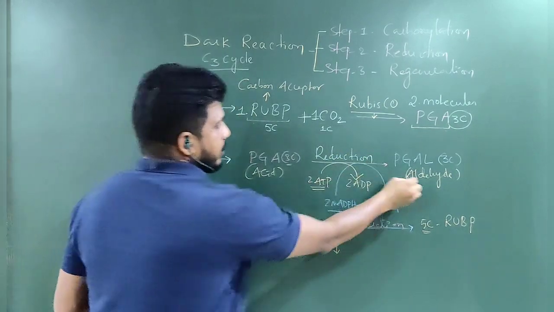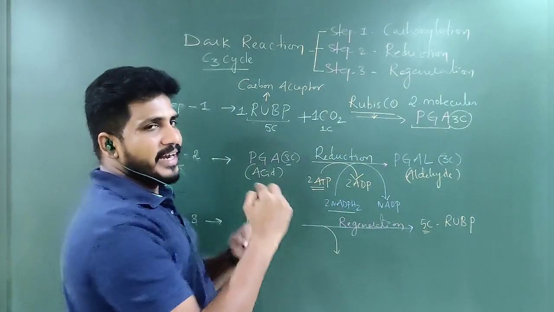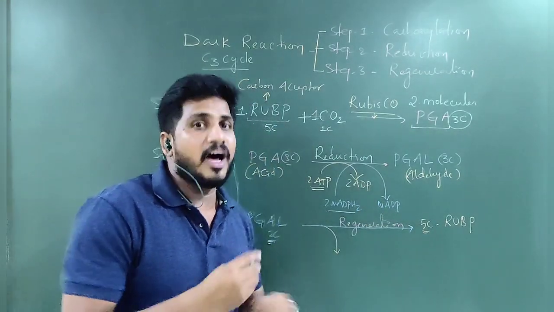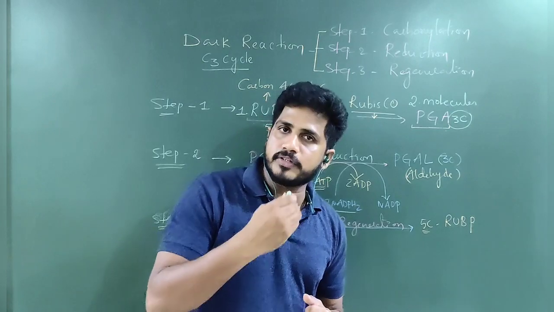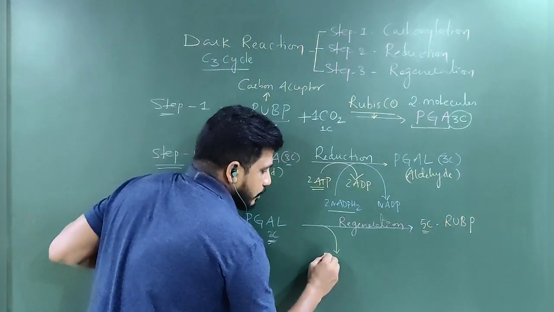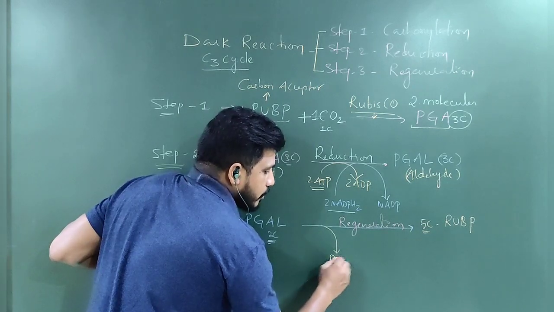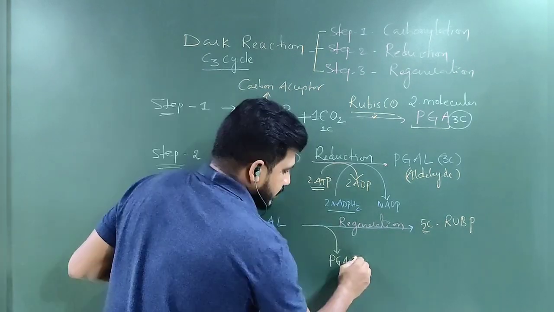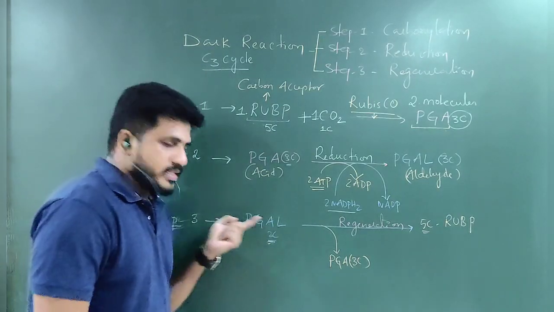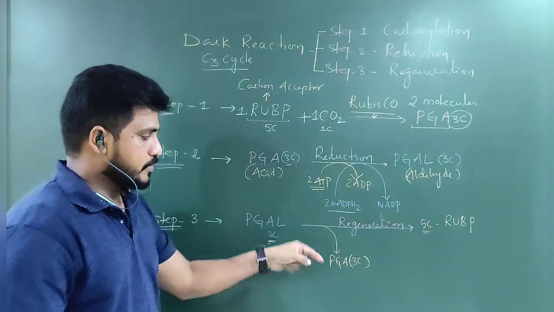During reduction, acid becomes aldehyde. That aldehyde is regenerated into RUBP. That 5 carbon is RUBP. RUBP means ribulose bisphosphate. At that time, one phosphoglyceric acid is coming out. Glyceric acid is 3 carbon, right? So if you take 6, then 1 comes out, that is a 3 carbon.